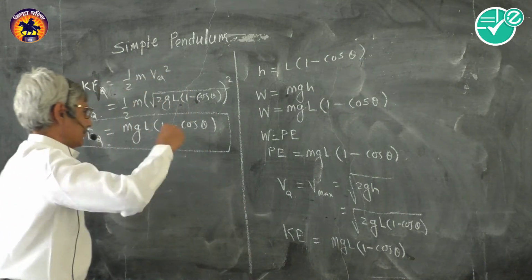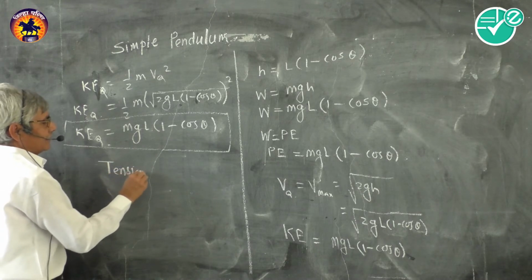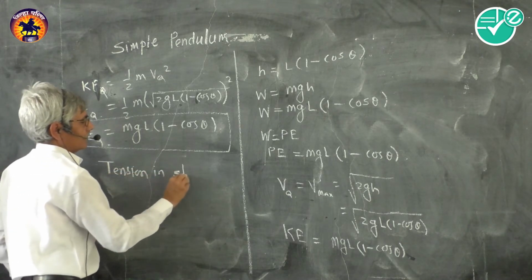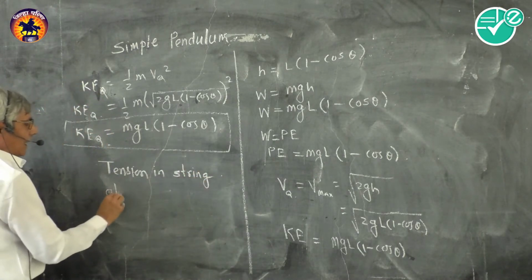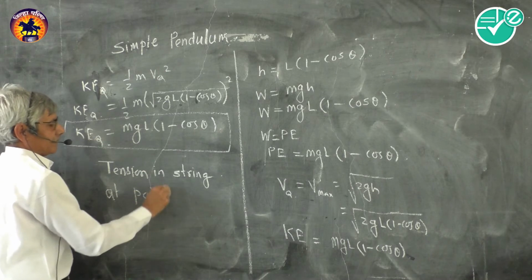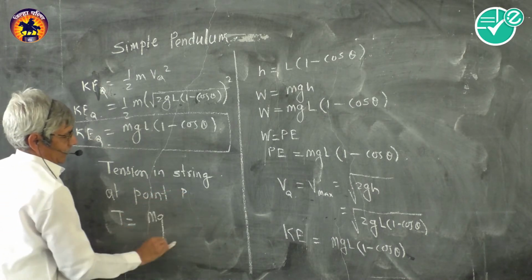Now the tension in the string. At point P, the tension in the string will be equal to mg cos theta.